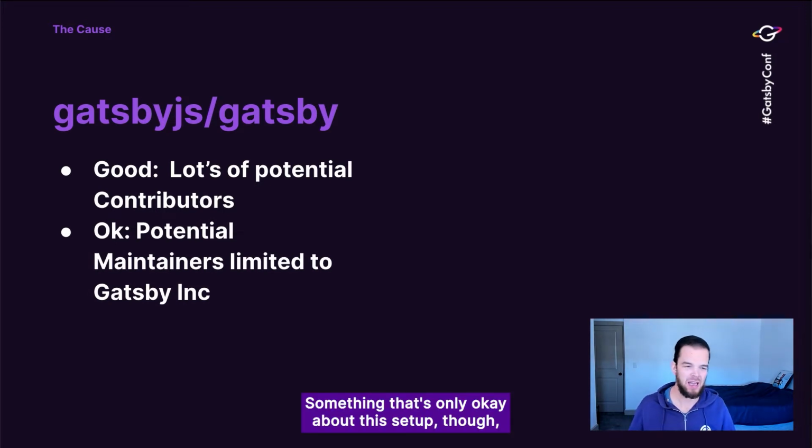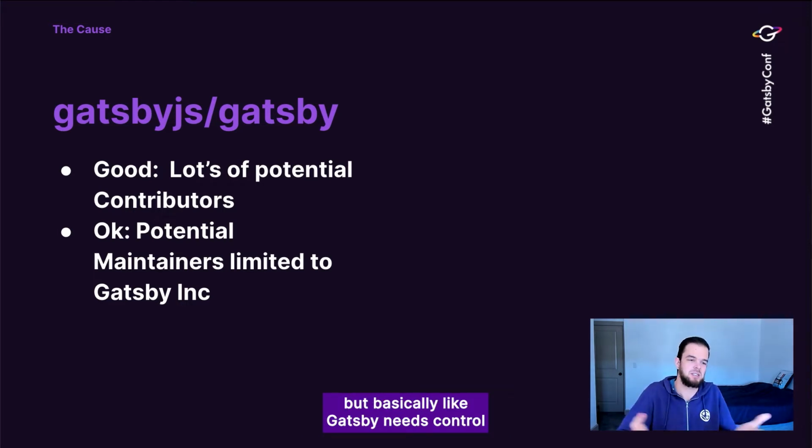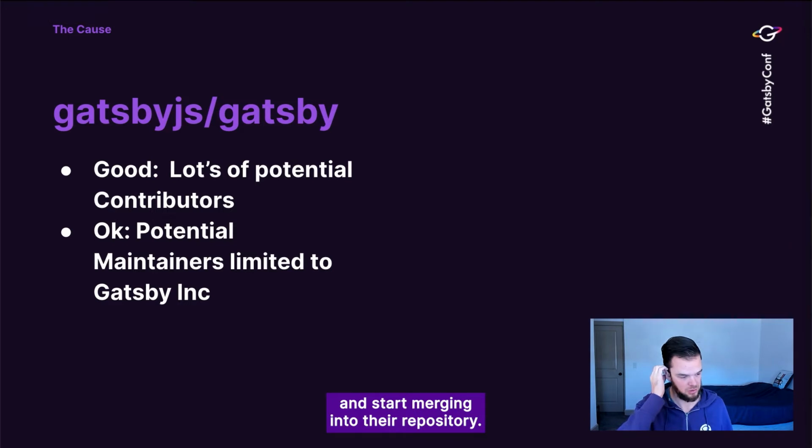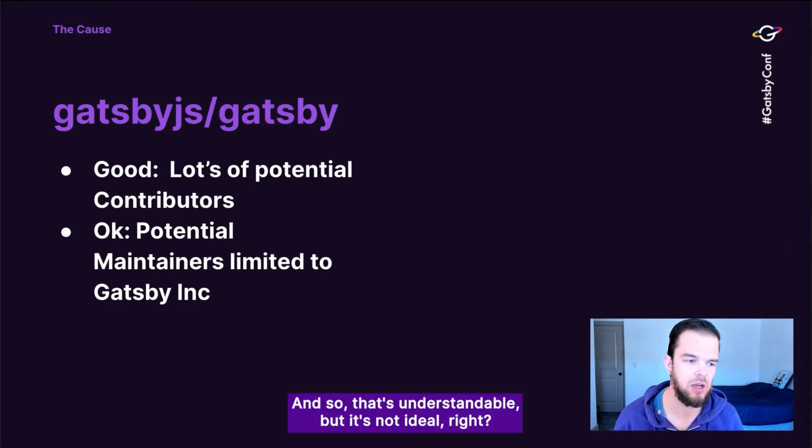Something that's only okay about this setup, though, is the potential maintainers are limited to Gatsby Inc. And the exact reasons are complicated, but basically, Gatsby needs control over what's happening there to maintain quality. And so they can't just let anyone come in the door and start merging into the repository. That's understandable, but it's not ideal, right?